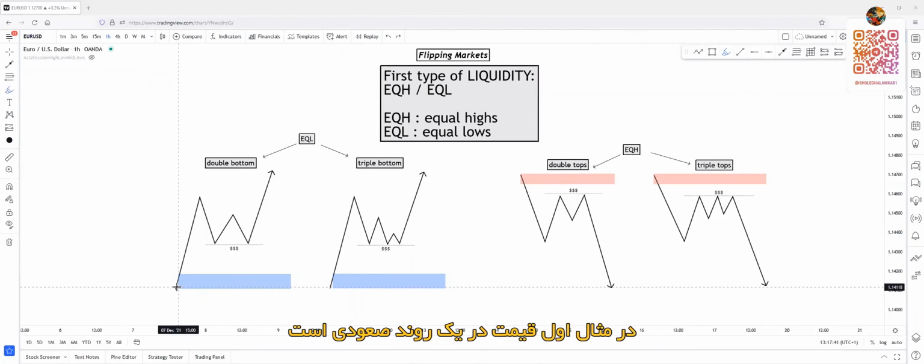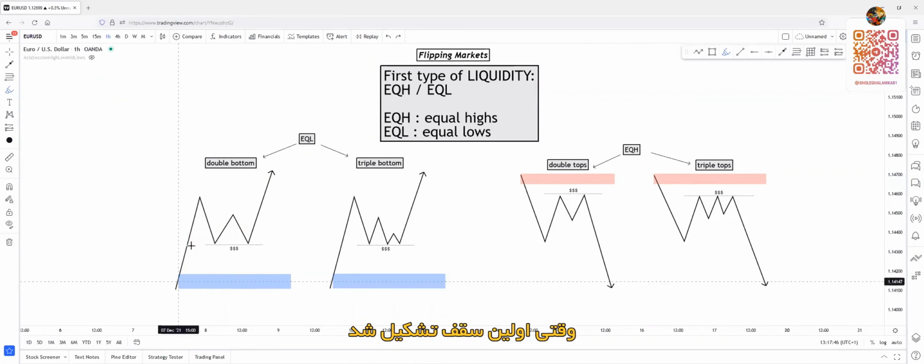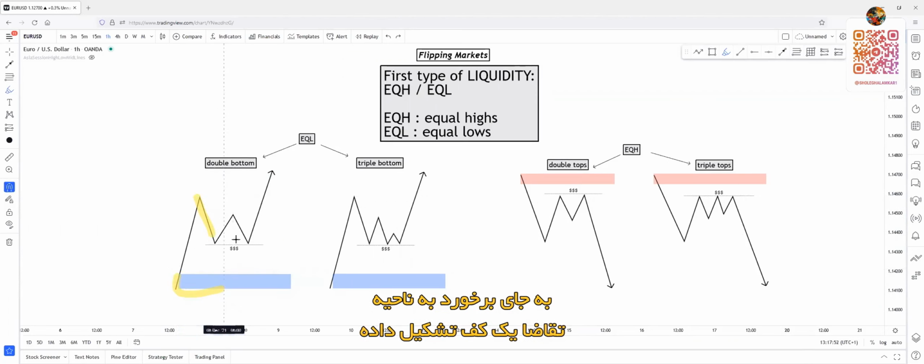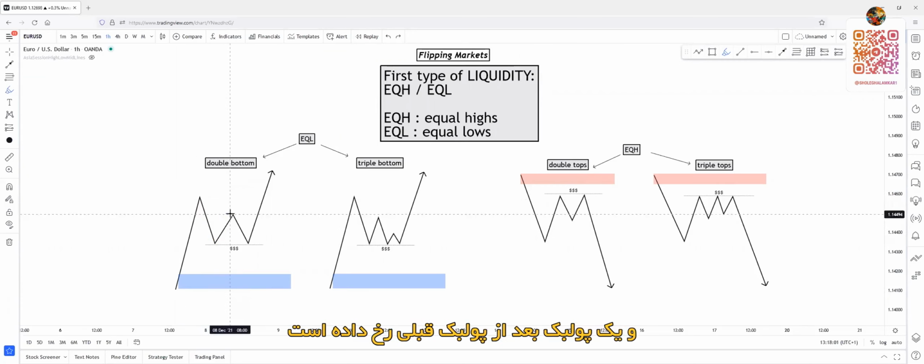In the first example, price is moving to the left, creating a series of higher highs and higher lows. After the first high has been created, price did a pullback, but didn't tap into a demand zone. Instead, it created a low. After the low was created, it couldn't break above the last high, and it created another pullback.